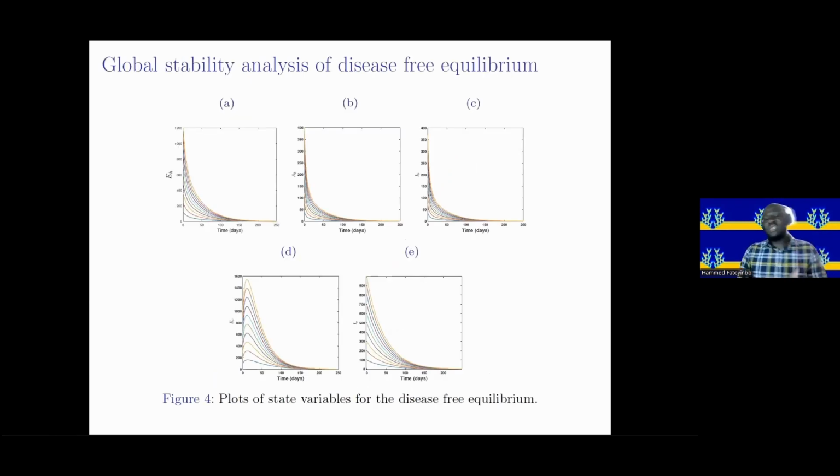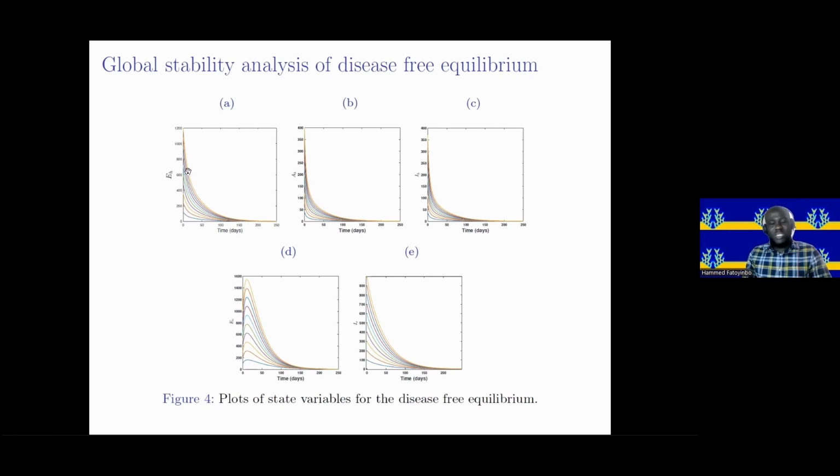Now that we have established the existence of forward bifurcation in our system, we look at the stability analysis of both the disease-free equilibrium and the endemic equilibrium. The plot here corresponds to different initial sizes for the infected classes of humans and mosquitoes.